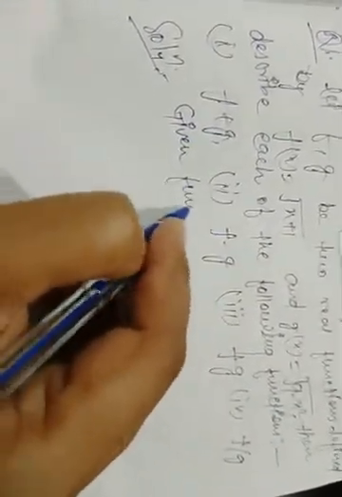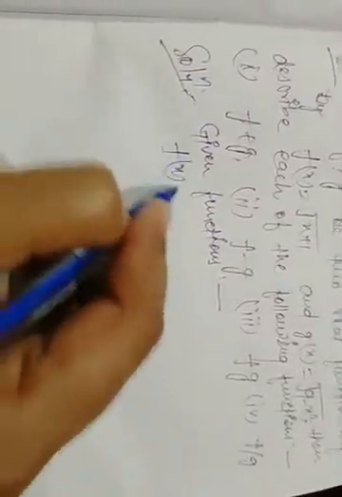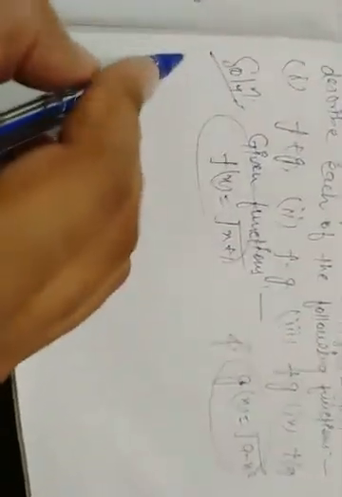Given function f of x is equal to under root x plus 1 and g of x is equal to under root 9 minus x square. First of all, we find the domain of each of the given functions.